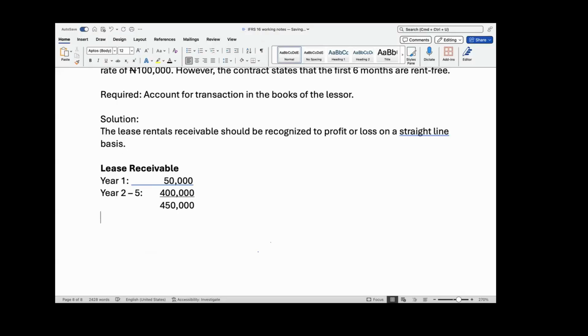This amount is to be spread equally over the lease term.